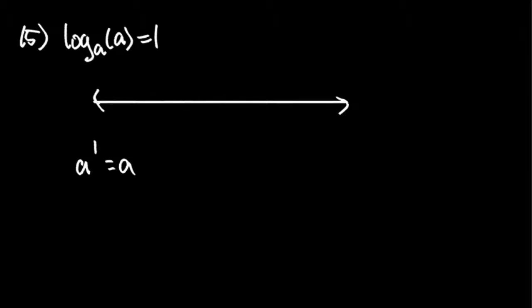In other words, if you wanted to, you can think of it as how many steps does it take to go from 1 to a. It takes 1 step. That's really all this is saying. So if you understand the way that logarithms work, then it makes perfect sense that log base something of something is just 1, because it just takes 1 step to go from 1 to whatever the base is.